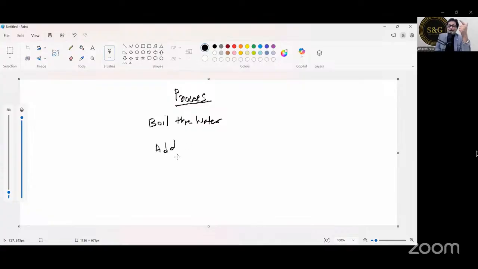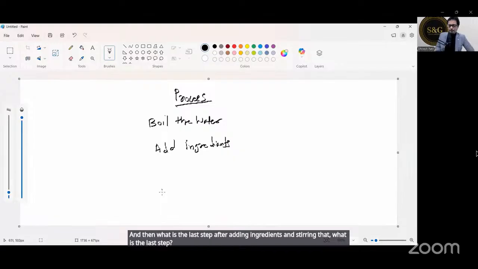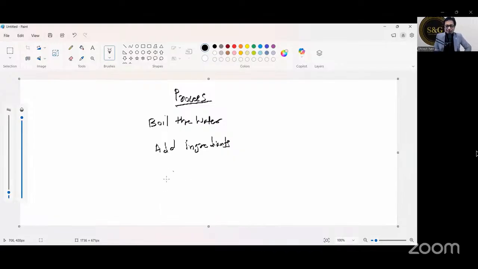Ingredients meaning your tea powder, your milk, your sugar, your ginger, and your masalas and all those things, right? So add ingredients. And then what is the last step after adding ingredients and stirring that? Imagine it has started boiling.